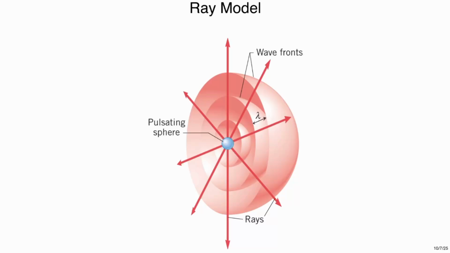If this looks a little bit familiar to you, you did this back in 2A with sound waves. Sound waves sort of spread out in all directions. But in optics, it gets a little bit cumbersome to be talking about these nested spheres of wave fronts or energy coming out of a source. And so what we do instead is we adopt this thing called the ray model.